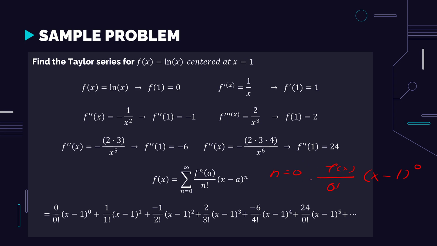We all know that f of a is equal to 0, so we have 0 over 0 factorial, multiplied by the quantity x minus 1 raised to 0. In short, the answer here is 0.